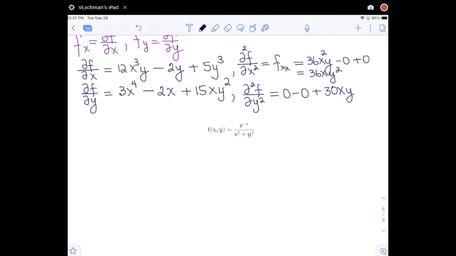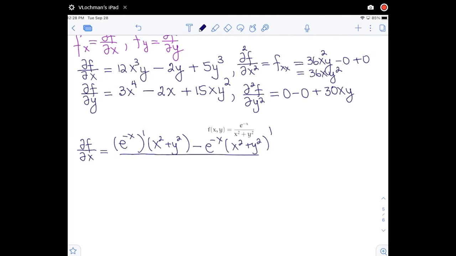So let's do this one carefully. ∂f/∂x. Okay, quotient rule: the derivative of the numerator, e to the negative x, times x squared plus y squared, minus e to the negative x times the derivative of x squared plus y squared with respect to x, and then we divide this by the square of the denominator. So what do we get here?